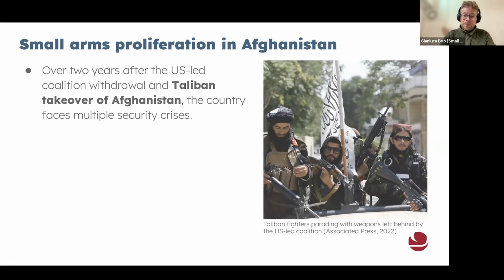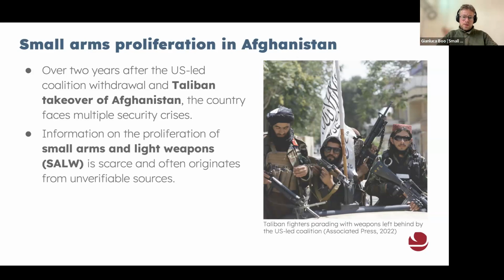A main issue that we have doing research in small arms and light weapons is that the data sources are scarce and often we cannot verify them. As the name of my organization suggests, the Small Arms Survey has a long-standing experience in carrying out nationwide, countrywide surveys in the domain of small arms.